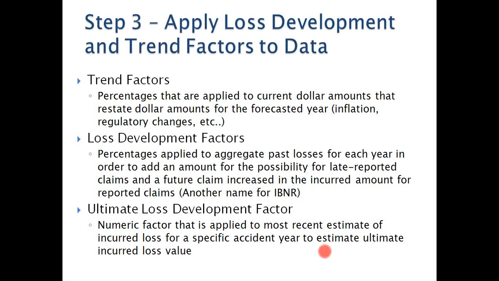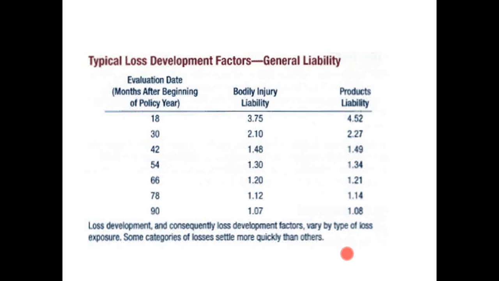Then our ultimate loss development factor is the numeric factor that is applied to the most recent estimate incurred for a specific accident year. And so actually I should back up here, I misstated. So 2.71 is our ultimate loss development factor because that's based upon the most recent estimate. You're going to have loss development factors for each individual year as well, and you'll see that in a minute, of how those loss development factors basically play in there.